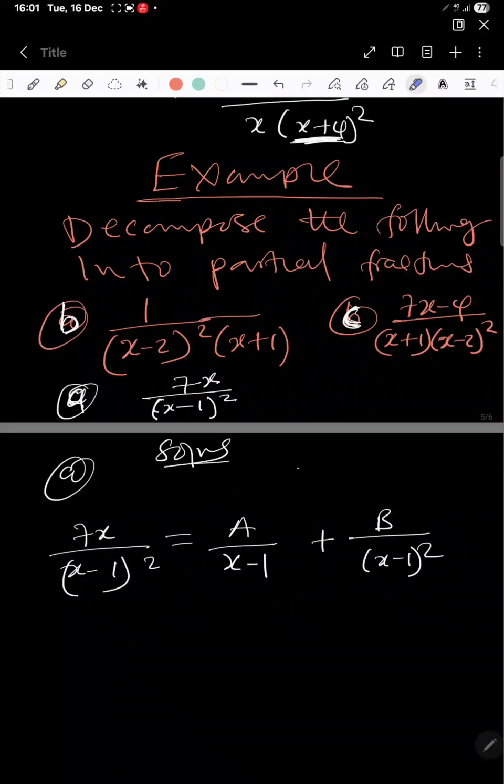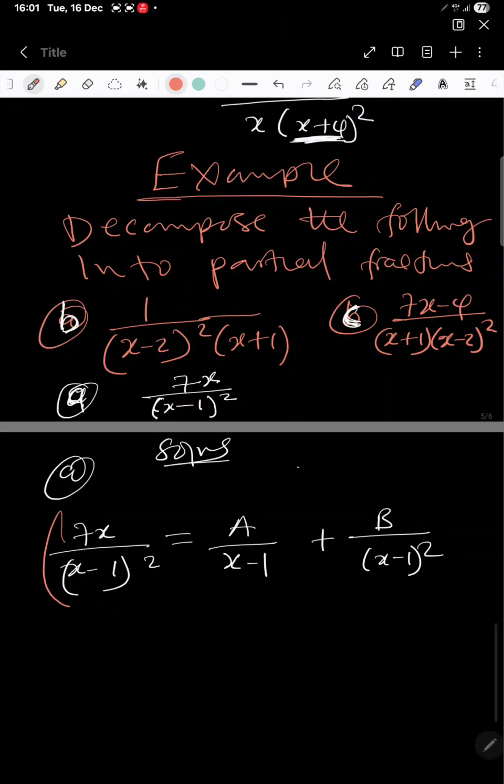From there you need to start by getting the value of A, and then the value of B. How can we do that? The same procedure that we used under linear factors is the one we are going to use under repeated factors. You multiply throughout by the denominator, which is x minus 1 squared.